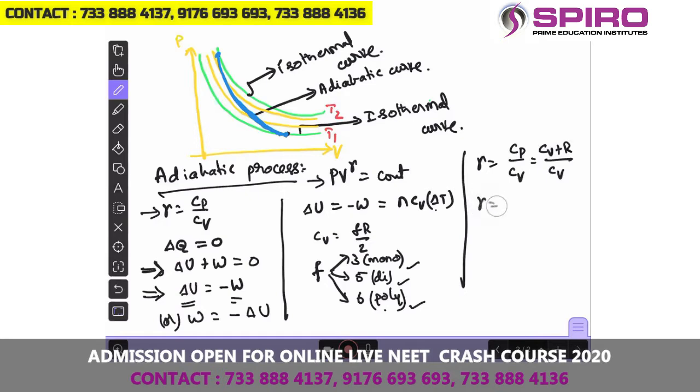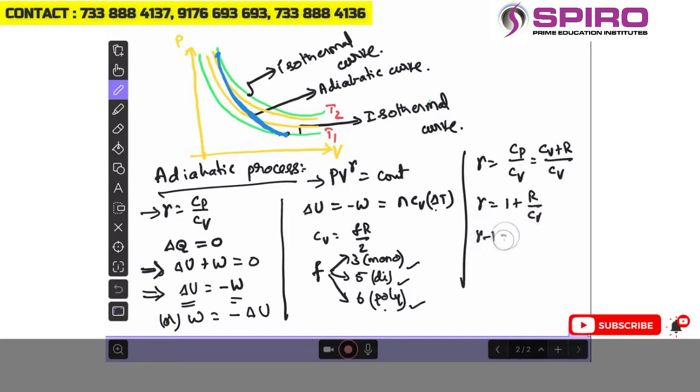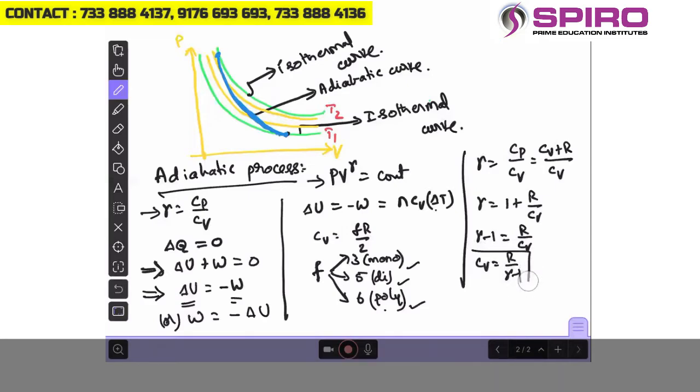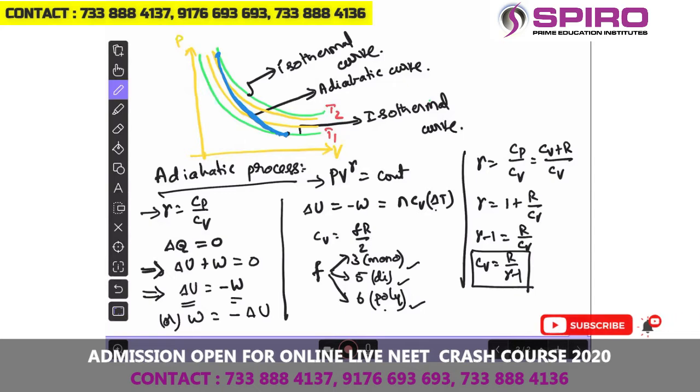So gamma is equal to 1 plus R by Cv, and gamma minus 1 is R by Cv. Then you can write Cv as R by gamma minus 1. Gamma is the ratio of the specific heats, that is Cp by Cv.